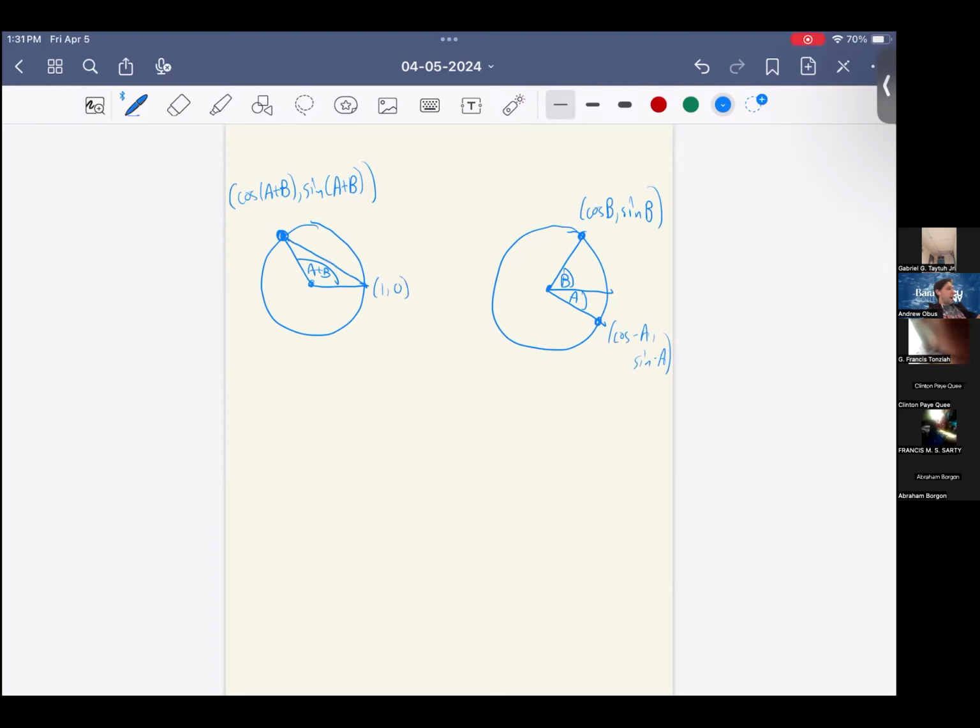Let me make them purple again, because that's what we use. The length of this purple line segment is equal to the length of this purple line segment, because both of these are an angle of a plus b. So if you rotate this diagram over here, you get this diagram. By calculating the length of this line segment and setting it equal to the length of this line segment, you'd be able to get a formula for cosine of a plus b directly.